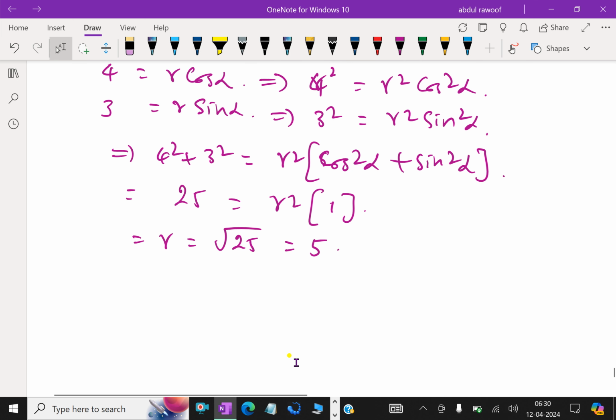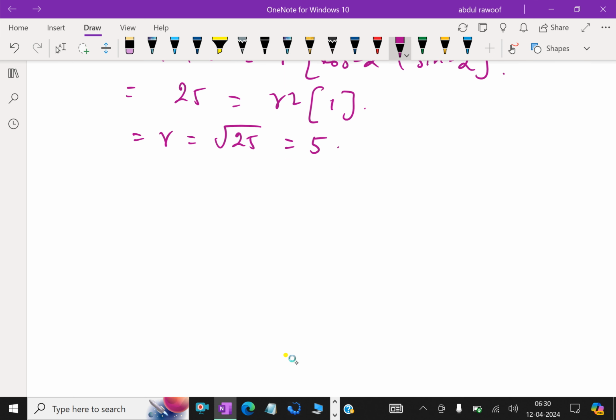From this expression, now consider this right triangle with angle alpha. Here the hypotenuse is 5.